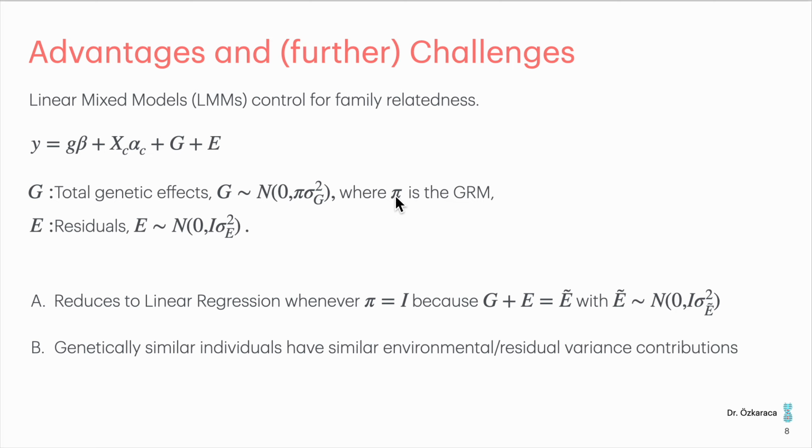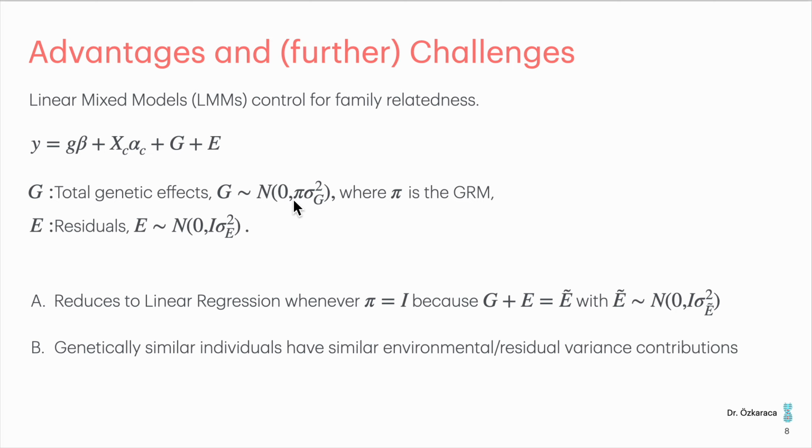And if you only consider unrelated individuals, then this matrix would be the identity matrix. And so whenever this is the identity matrix, this G plus E can be considered as a residual itself, and so this would reduce to linear regression. So this setup is actually an extension of linear regression.